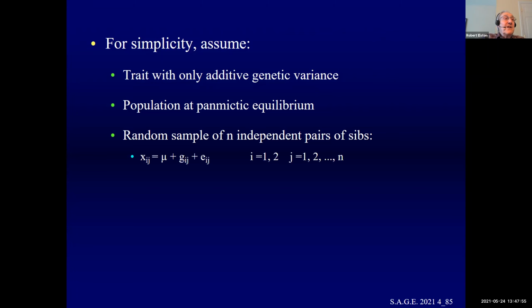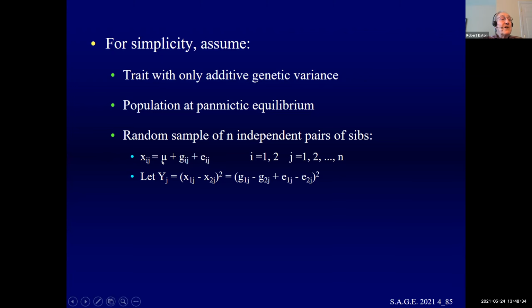Then let Xij be the trait value of the ith member of the jth pair, because there are 2 members to a pair and we have n pairs.